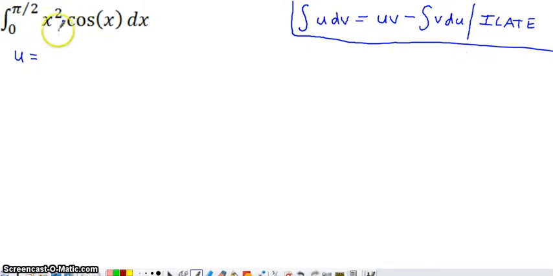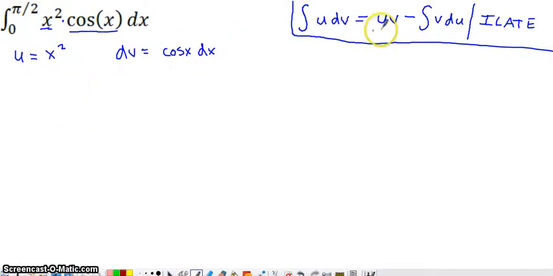So we have an algebraic piece within this integrand and a trigonometric piece. Following the acronym, algebraic is before trigonometric, so I'm going to let u equal the algebraic piece, and I'm going to let dv equal the trigonometric piece, which is cosine of x, and the dx is going to be attached to that as well.